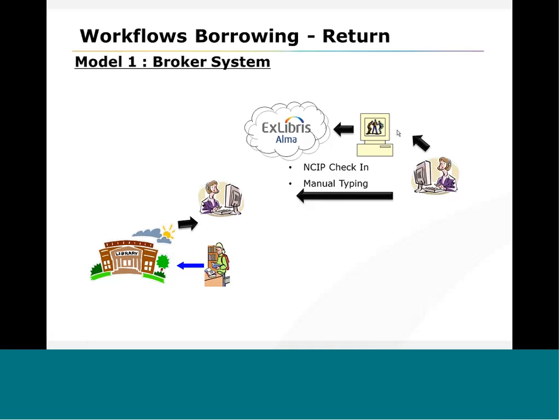This is done using the NCIP check-in message, and when Alma gets this message, it knows to close the resource sharing request, delete the temporary item, the BIB record, the holdings, the physical item, and actually close the resource sharing request on the borrowing side.